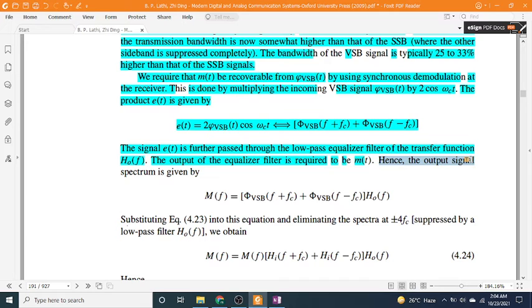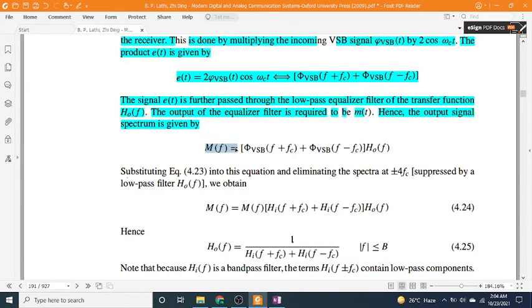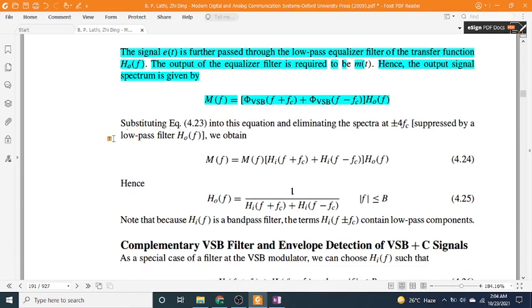Hence, the output signal spectrum is given by M(f) = [Φ_VSB(f + fc) + Φ_VSB(f − fc)]H0(f).